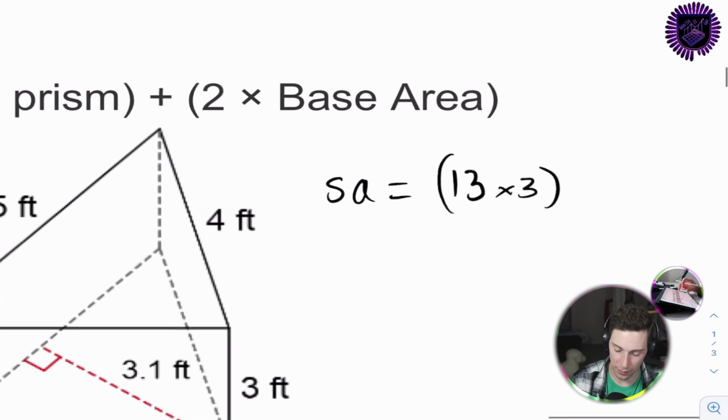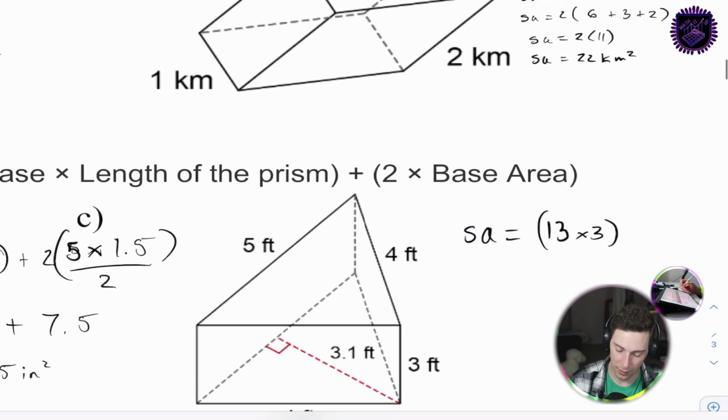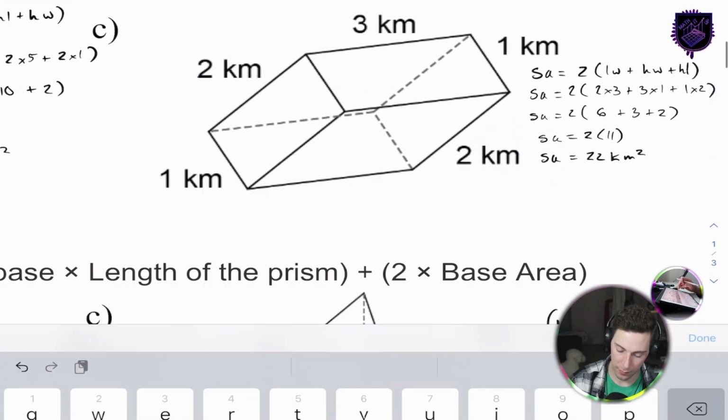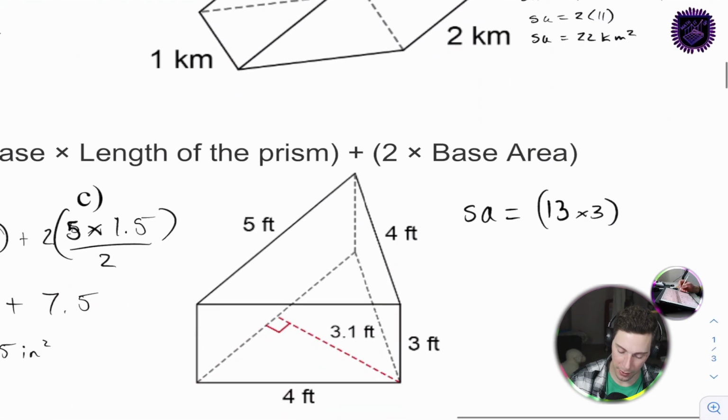And then we're going to multiply it by, and then plus base times height times 2, so 5 times 3.1 divided by 2.